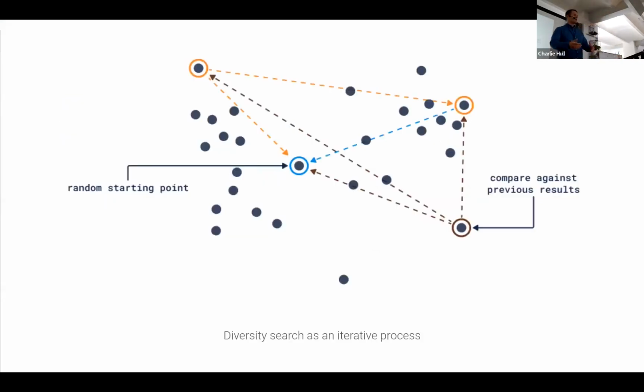So you start with a random point, select one item, and in another iteration you are including the previously selected item to select something which is far away. So by using that approach, we are comparing the results to the previous ones, and finally getting a diverse set of results just because we incorporated the previously selected items into the search process.